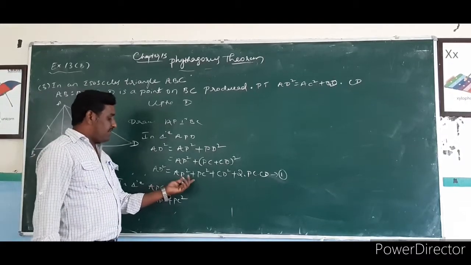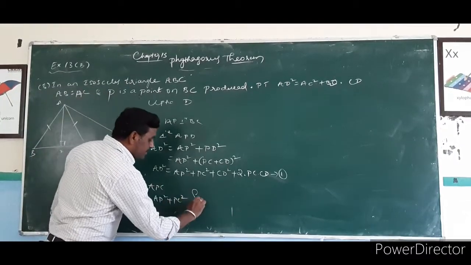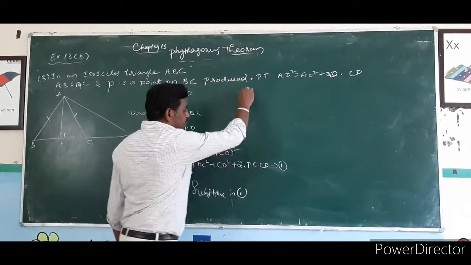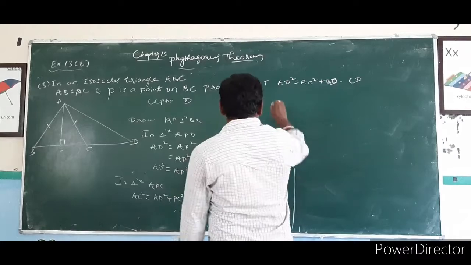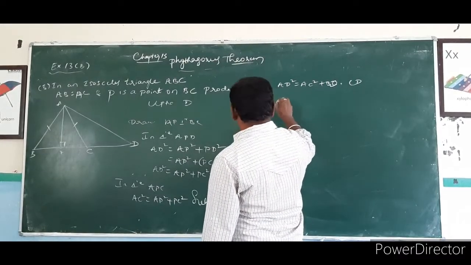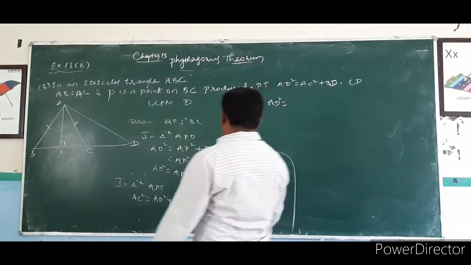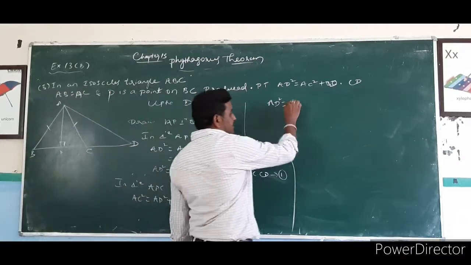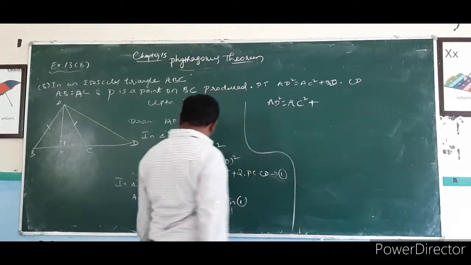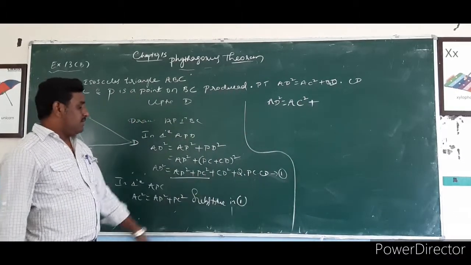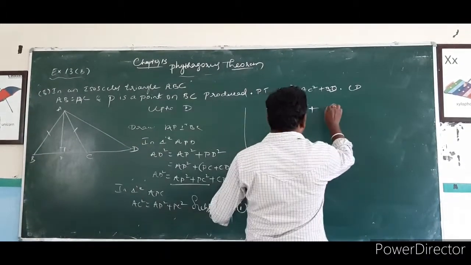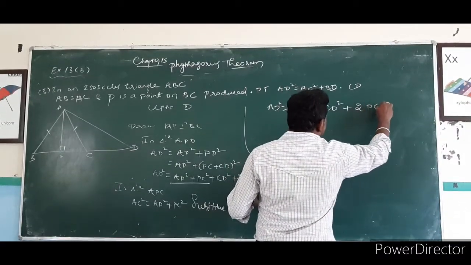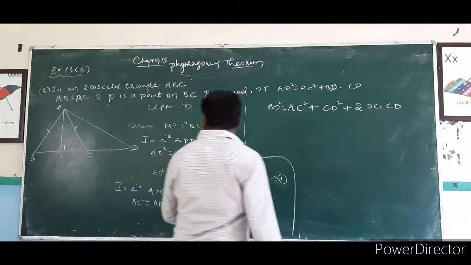What happened in the place of equation 1? Substitute in 1. So that is AD square is equal to, in the place of AP square plus PC square, we can replace AC square plus CD square plus 2PC into CD.